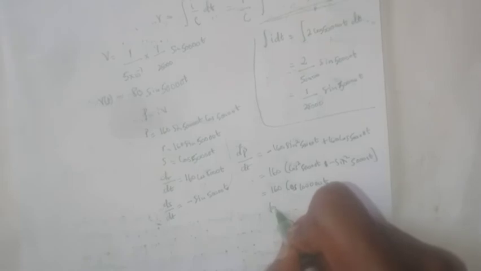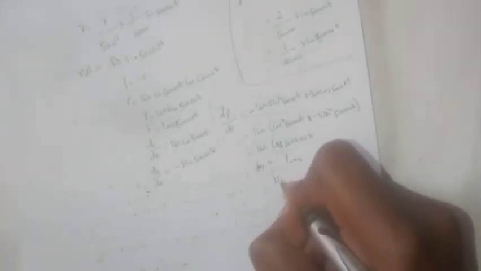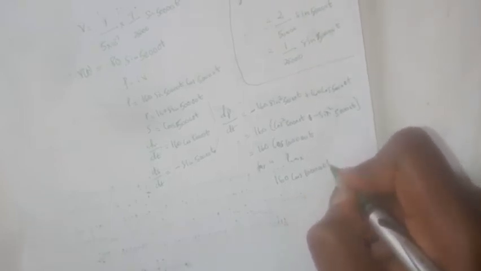Now that we have dp/dt, we can equate it to 0. So at p maximum, 160 cos 100,000t equals 0, and that would mean that cos 100,000t equals 0.